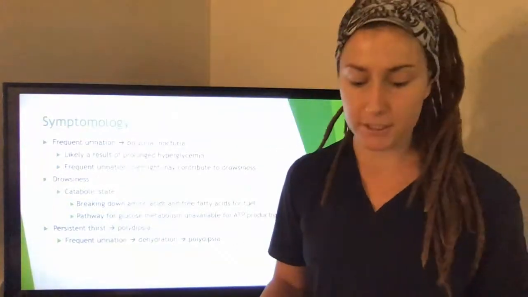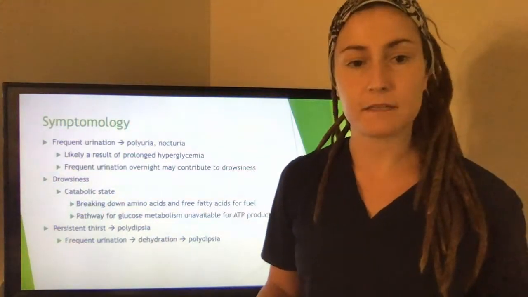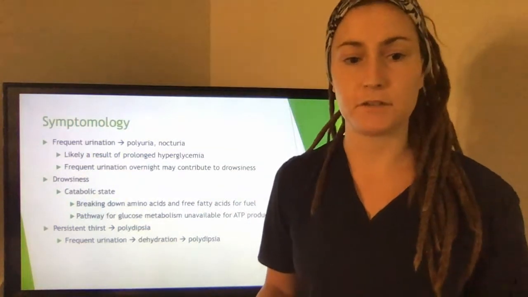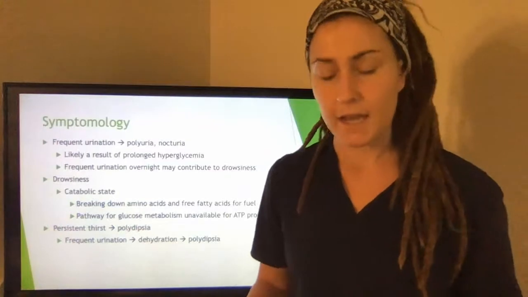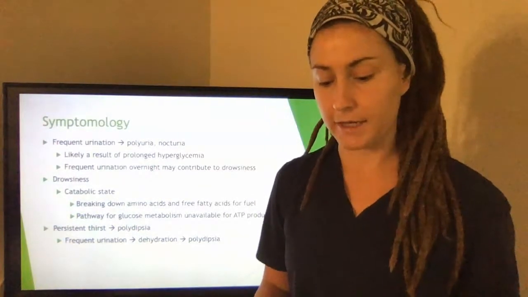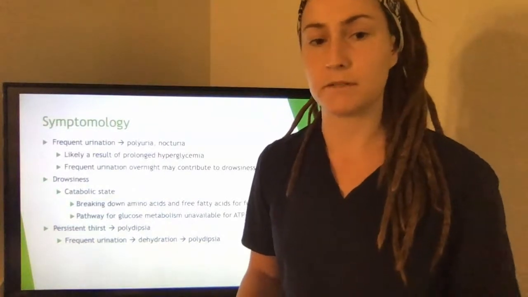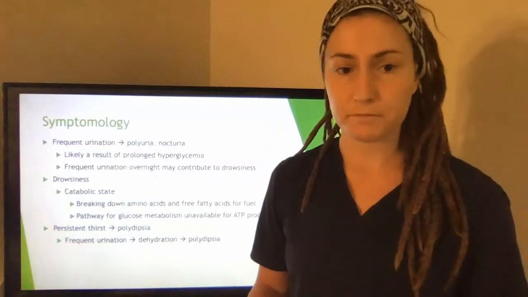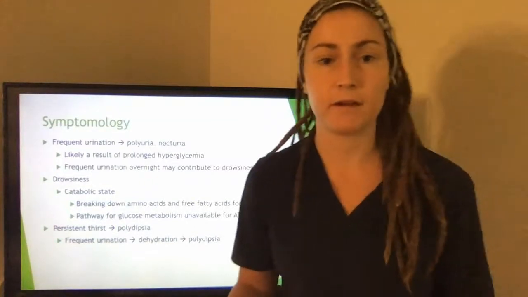The symptomatology of this patient includes frequent urination, drowsiness, and persistent thirst. In an article I read called The Biochemico-Physiological Mechanisms Underlying Signs and Symptoms of Diabetes Mellitus, written by M.B. Adinurti, he explains the symptomatology here.